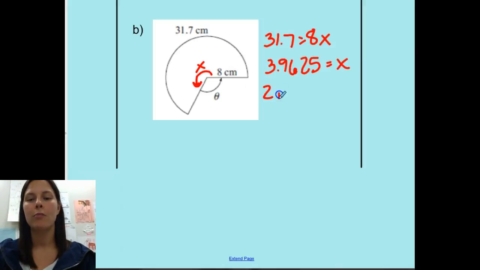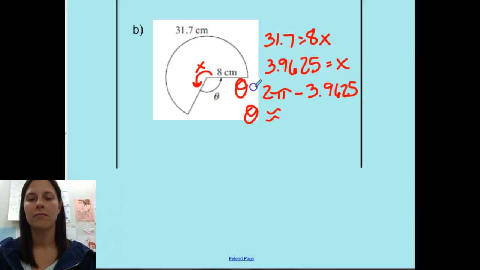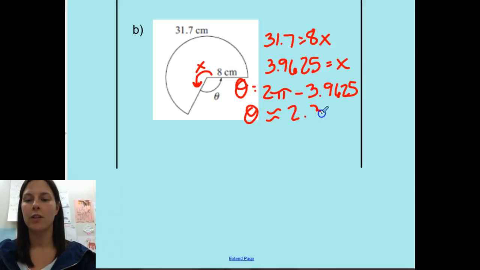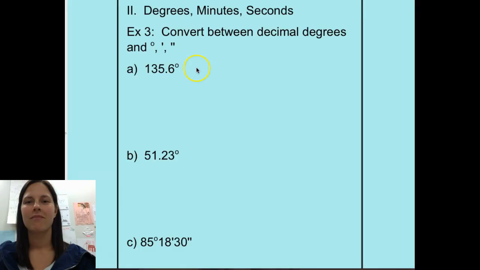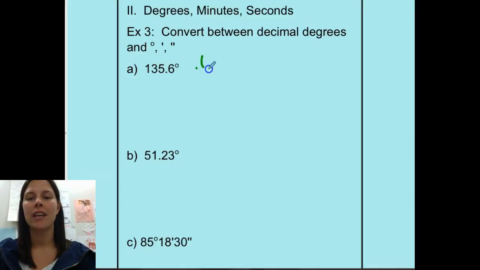There are 2 pi radians in a full rotation, so we'll subtract off that 3.9625 to get an approximate value for our theta of 2.321 radians.